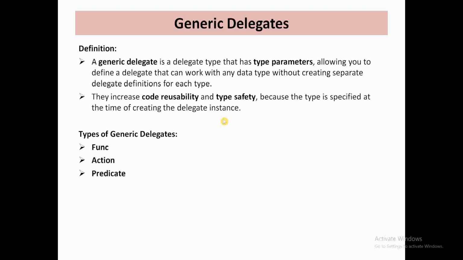Here we have some types of generic delegates: Func, Action, Predicate. So these three are the generic delegate types. We will see them all one by one with examples.